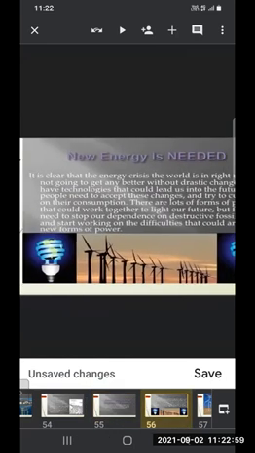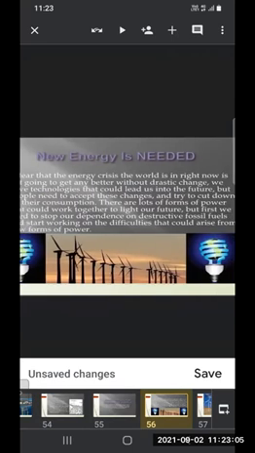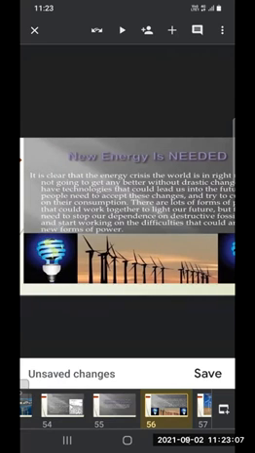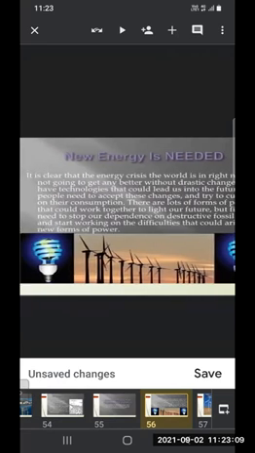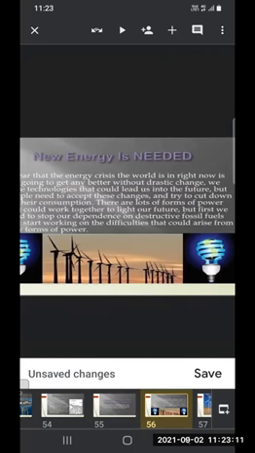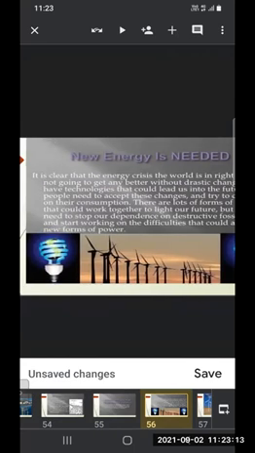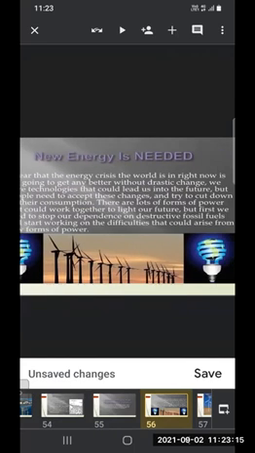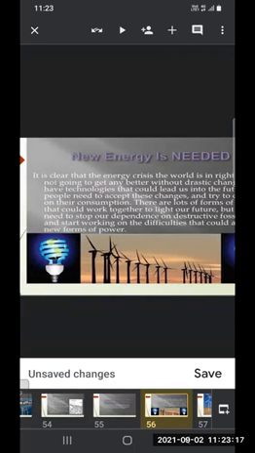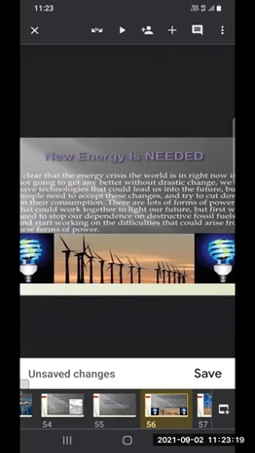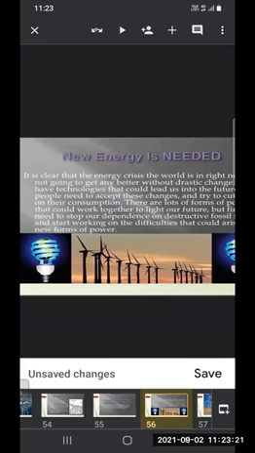New energy is needed. It is clear that the energy crisis in the world right now is not going to get any better without drastic change. We have technologies that could lead us into the future, but people need to accept these changes and try to cut down on their consumption.